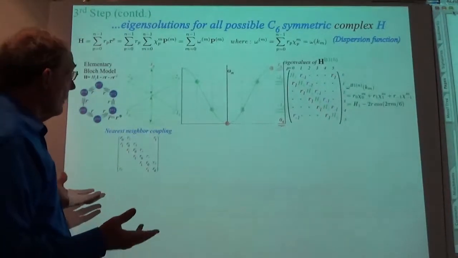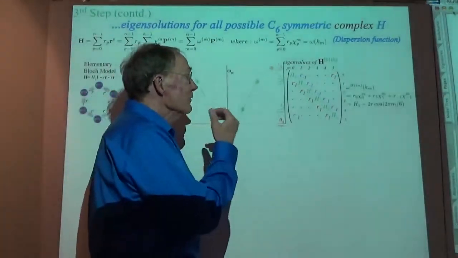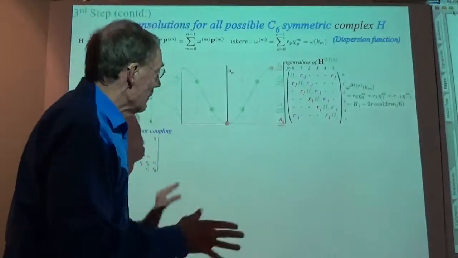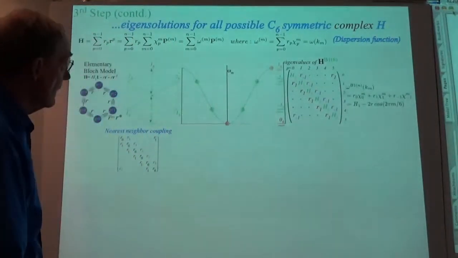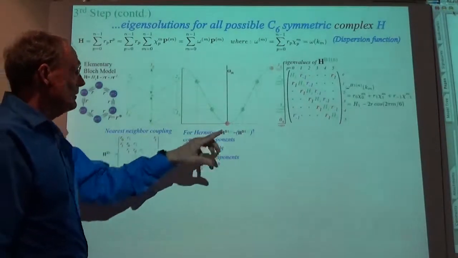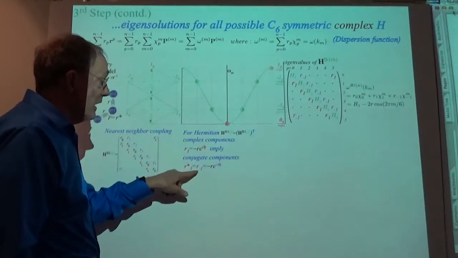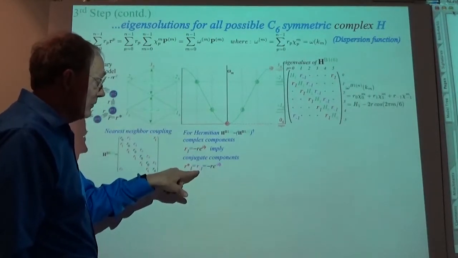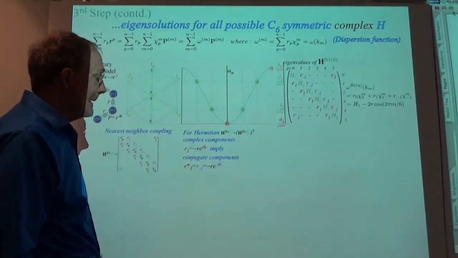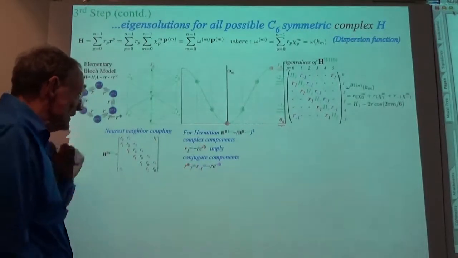I'm going to have the parameters I already had, which was 2, and then I'm going to have an addition to that, this gauge thing I'm going to stick in and allow it to move. Okay, so nearest neighbor coupling for Hermitian matrix, the complex components are conjugates of each other. So R minus 1 has to be this thing if R1 is this thing. But that's an extra parameter, that phi there, the gauge, okay?